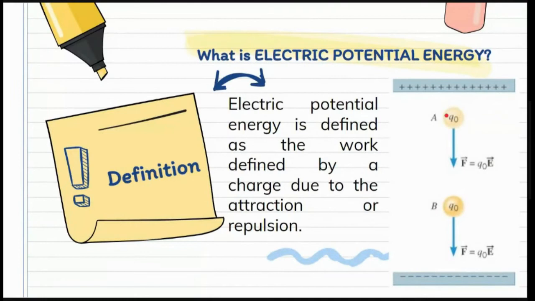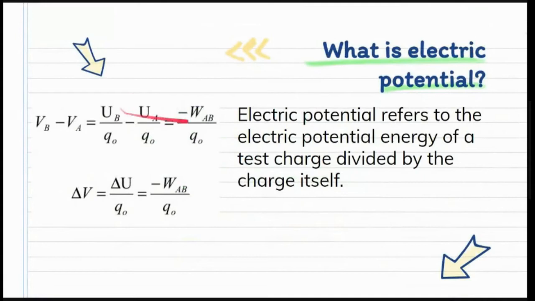The electric field is moving from positive to negative, so it's from a higher potential down to a lower potential. That's why we have used here a negative connotation of the work done from A to B. Because remember, the negative charge has a lower potential, and the positive charge has a higher potential.